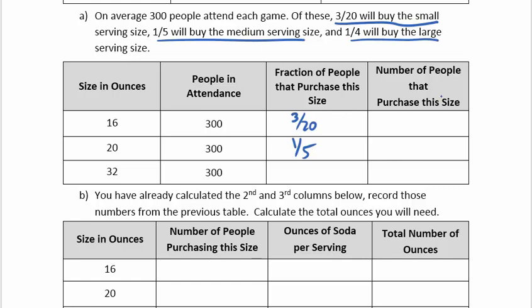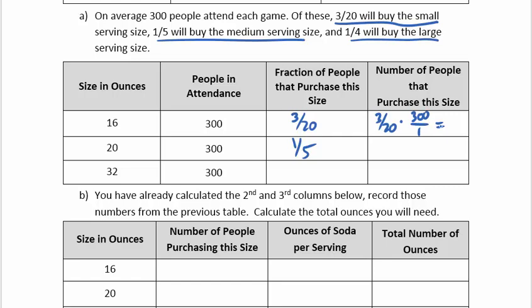Now I want to turn this into an actual number of people that purchase this. We know 3/20 of our people that are attending here are going to buy this size. Well, this kind of boils down to I want to find 3/20 of something. To find a fractional part of something, I multiply by that fraction. So I'm taking 3/20 times 300 over 1.